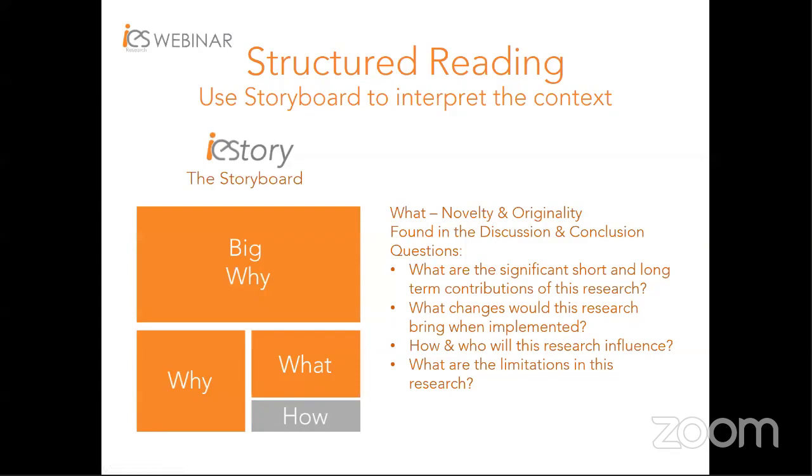When reading the discussion and conclusion, have these questions in mind to guide you to extract the appropriate information. What are the significant short and long-term contributions of this research? When implemented, what changes would it bring? What is the magnitude of influence of this research? And lastly, what are the limitations in this research?